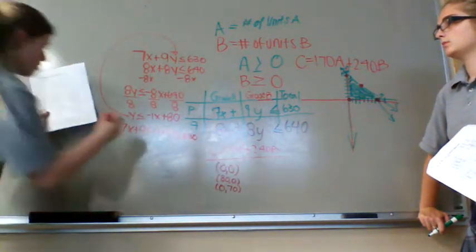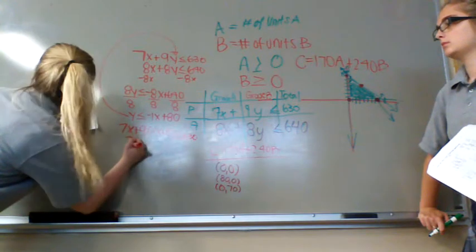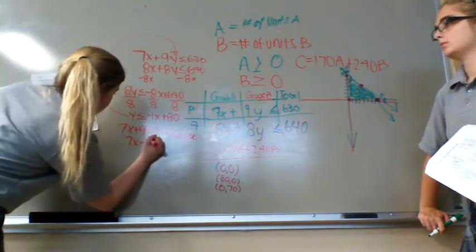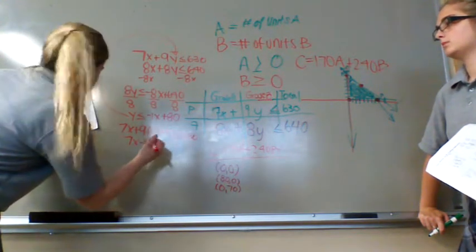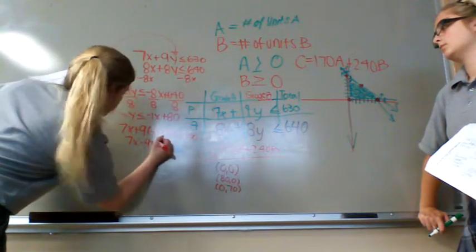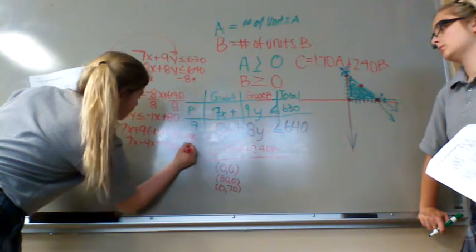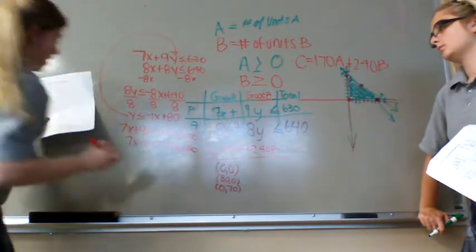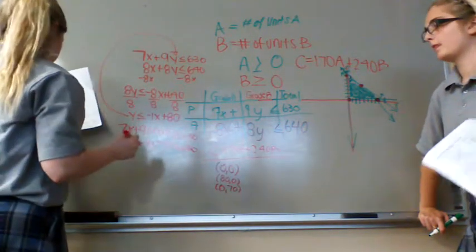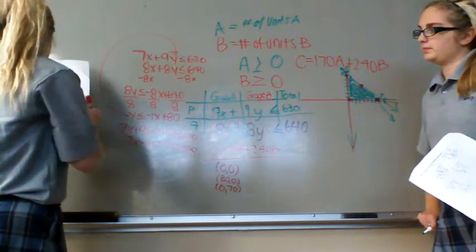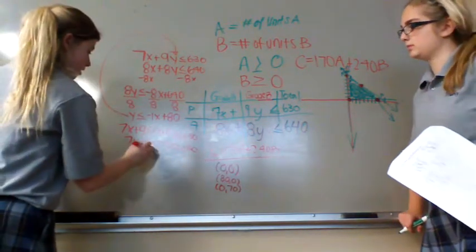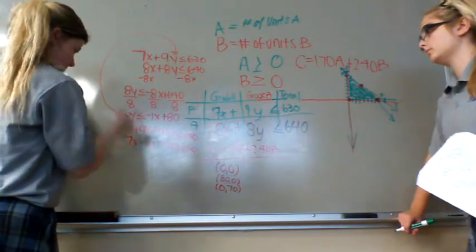Once you do all your figuring, you get 7x minus 9x plus 720 is less than or equal to 630.